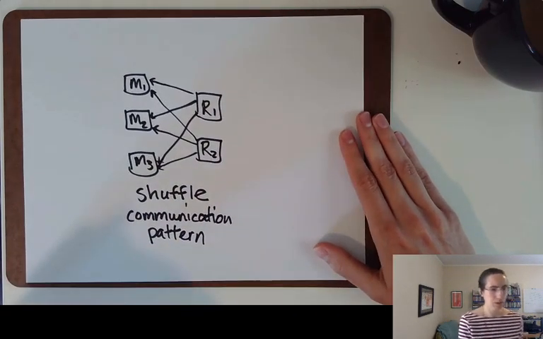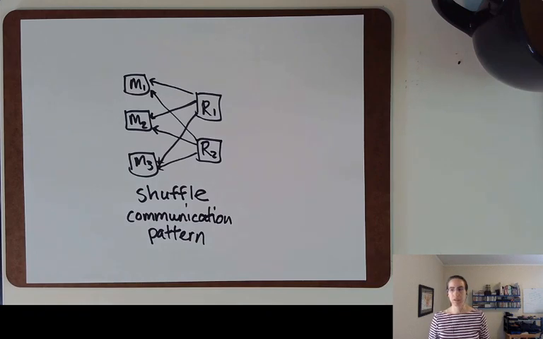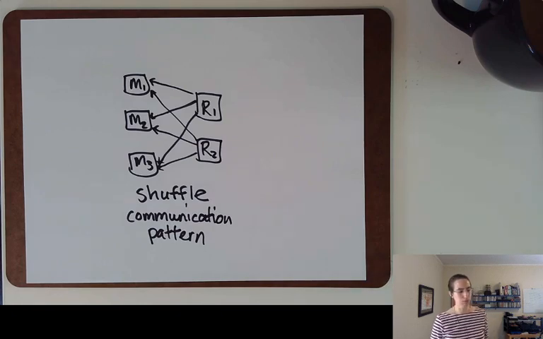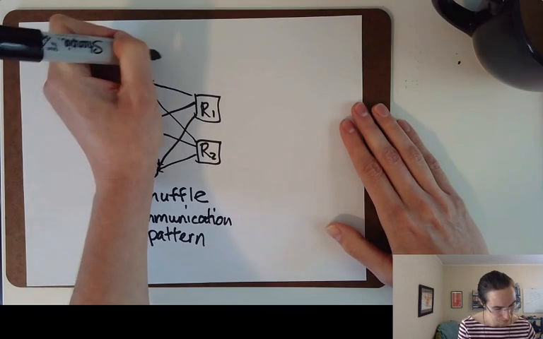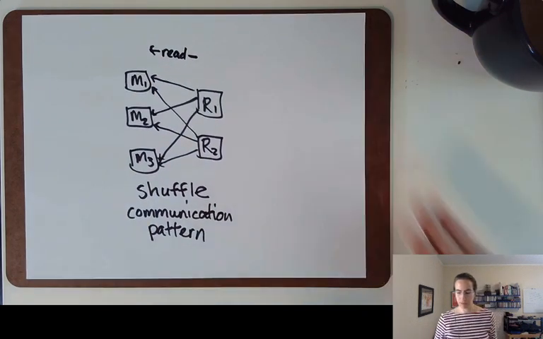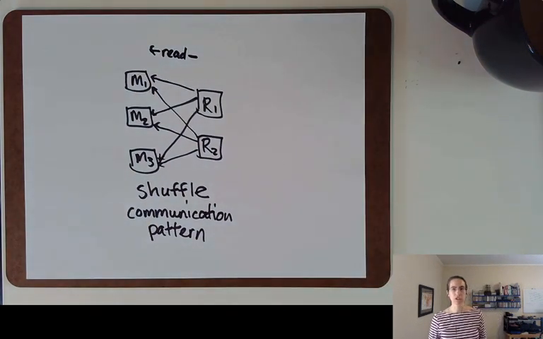So I call this a communication pattern rather than a computation pattern because no actual computation takes place here. It consists only of moving data around. But this ends up accounting for a large chunk of the time that it takes to do these kinds of MapReduce computations.